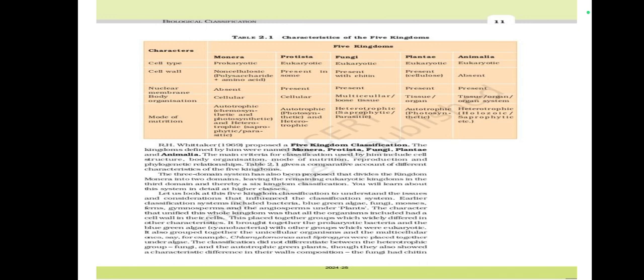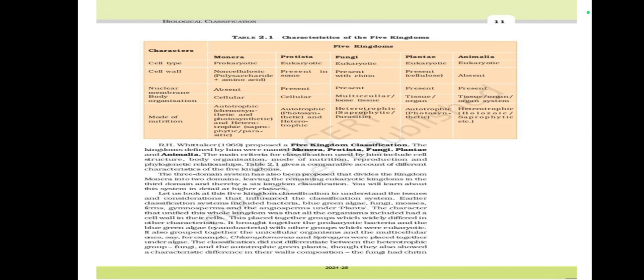This placed together groups which widely differed in other characteristics. It brought together the prokaryotic bacteria and the blue-green algae or cyanobacteria with other groups which were eukaryotic.